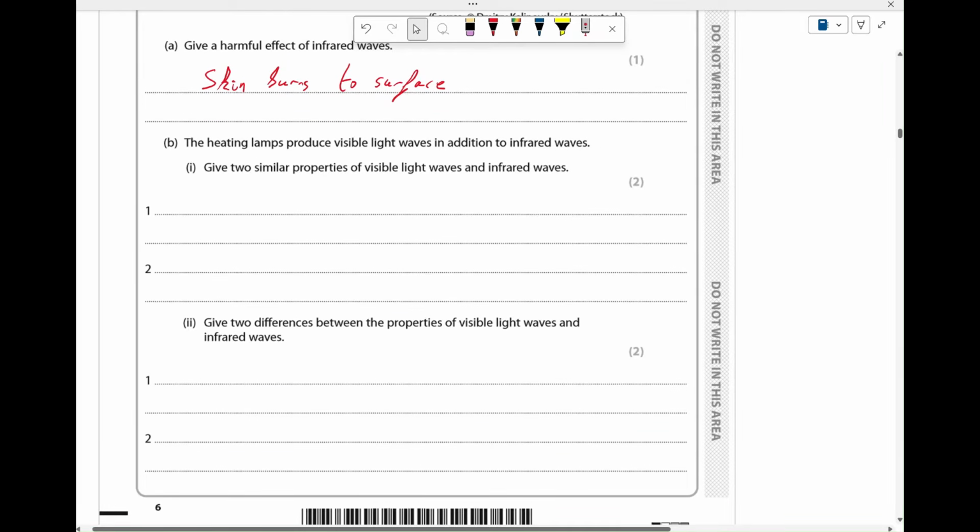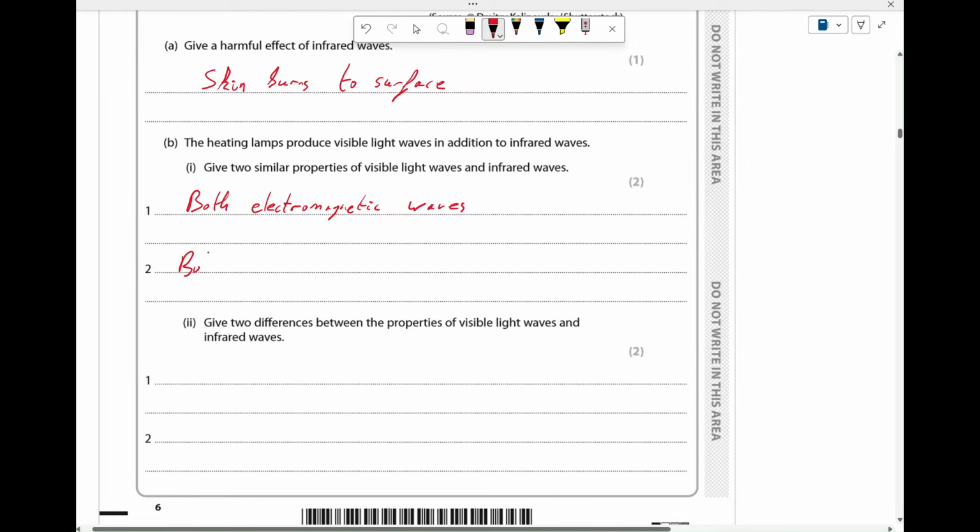Heating lamps produce visible light. What are 2 similar properties of infrared and visible light? Well, they're both electromagnetic waves, would be my first one. They're both on the electromagnetic spectrum.